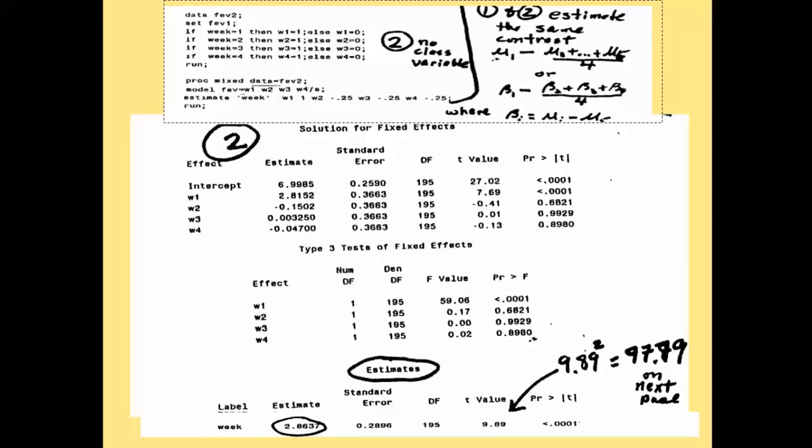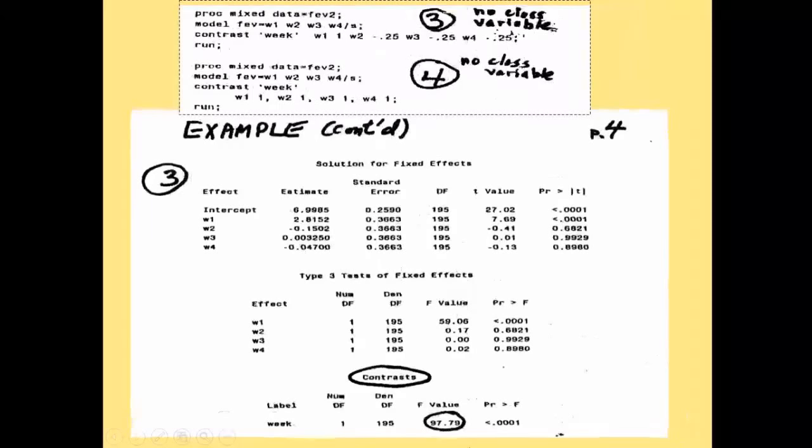If you square 9.89, you get, I guess, 97.79. And there it is. So it turns out that if you want to test for the significance of that contrast, not just get the estimate of it, you need a contrast statement. If you want to just get the estimate, you need an estimate statement.